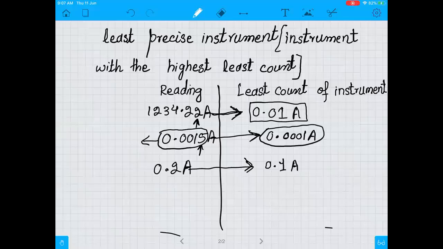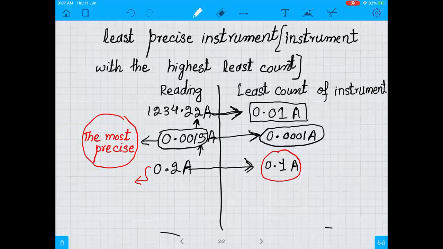This reading is the most precise reading. On the other hand, the 0.2 ampere is taken from an instrument with a least count of 0.1 ampere. So this reading is the least precise reading.